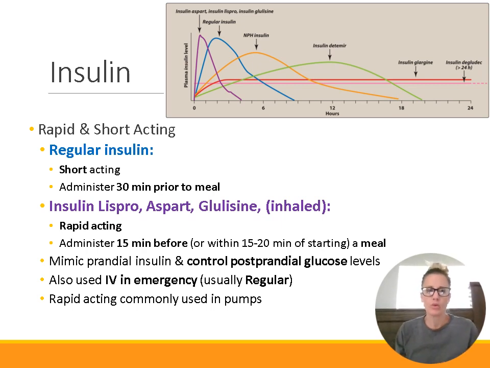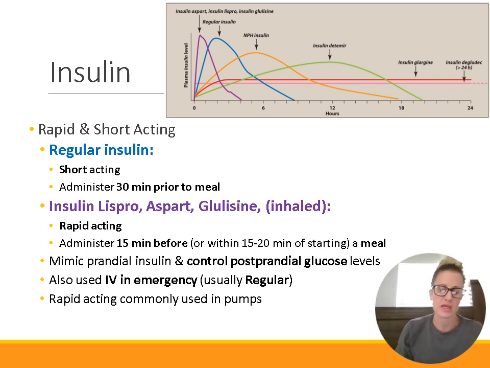So when we look at insulins, we classify them based on their kinetics: rapid acting or short acting, moderate acting, long acting, etc. Typically patients are on multiple different types of insulin, and we pair them together to mimic what the body naturally does: basal insulin and then peaks at mealtime.